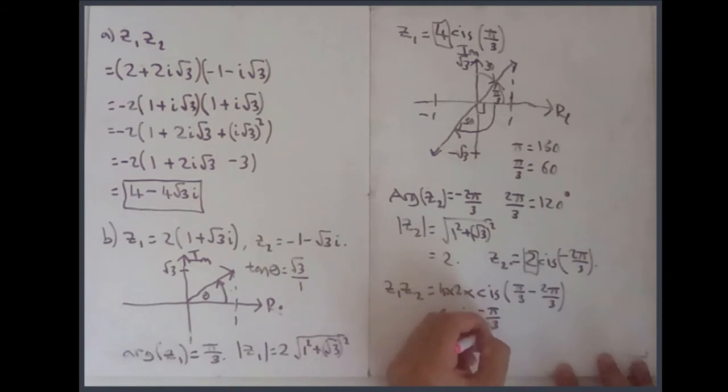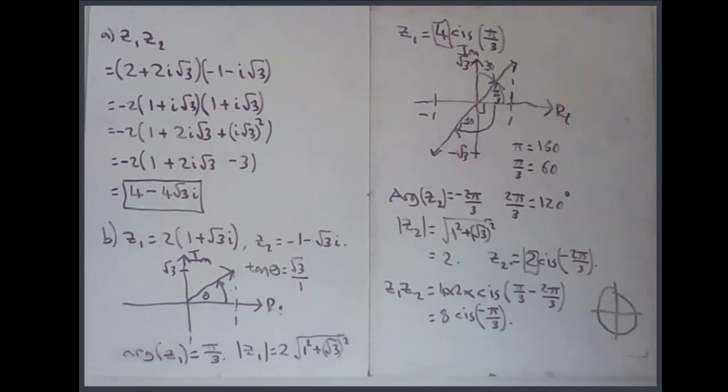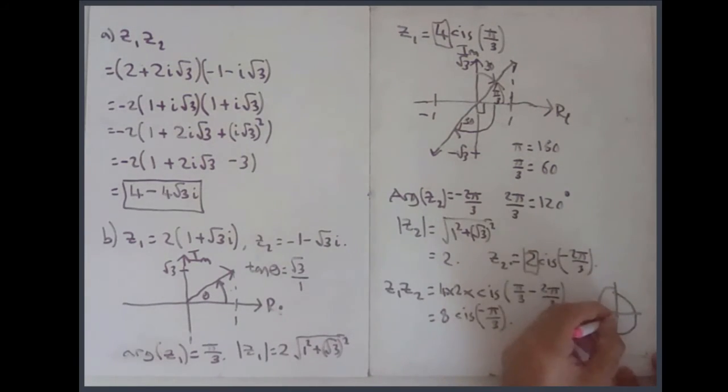Okay, so if we draw a little circle, and the cis means cos plus i sine. Remember, 8 cis minus pi by 3 equals 8 times cos minus pi by 3 plus i sine minus pi by 3. Okay, we're supposed to verify that these are the same. So minus pi by 3 is here. That's 60. So we know that at 60 degrees, the parent angle, cos 60 is a half, sine 60 is root 3 over 2.